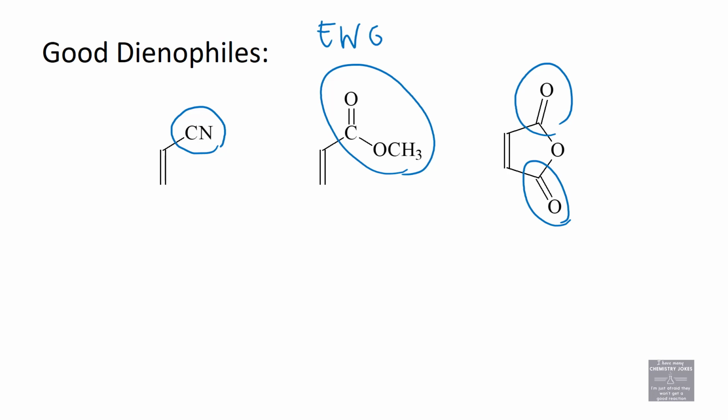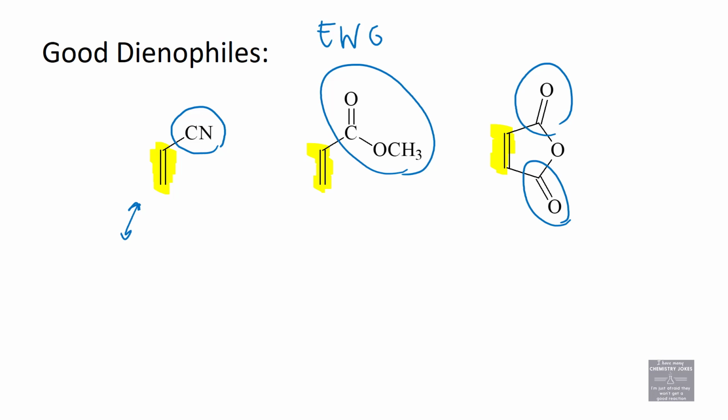How do these things withdraw? They all withdraw through induction, yes, but also resonance. Let's draw some resonance to prove how these things withdraw electrons. What I'm trying to draw resonance to show is that these dienophiles, yes, they're normal alkenes, but we're calling them dienophiles when we're talking about Diels-Alder.